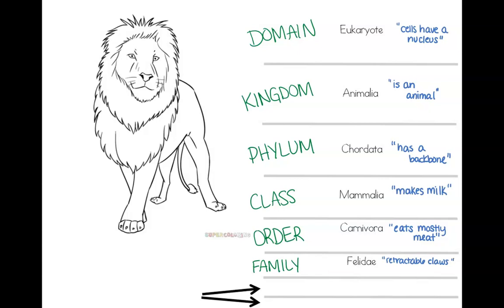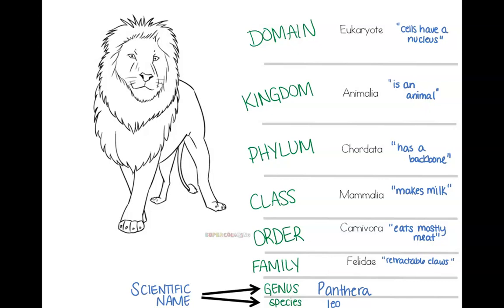Right? But what we're going to go over next are the last two most specific levels of classification. Those are the genus and then the species. Now, the genus and the species are special levels because they make up what we call the scientific name. This is the same type of scientific name that you learned in class before, but for a lion, the genus name is Panthera, and the species name is Leo.